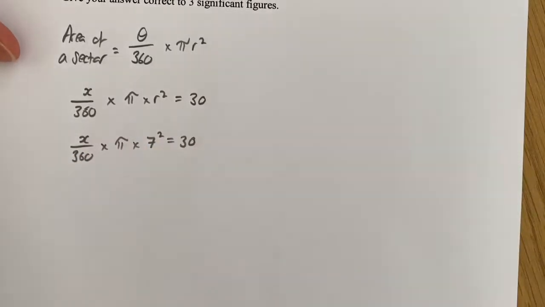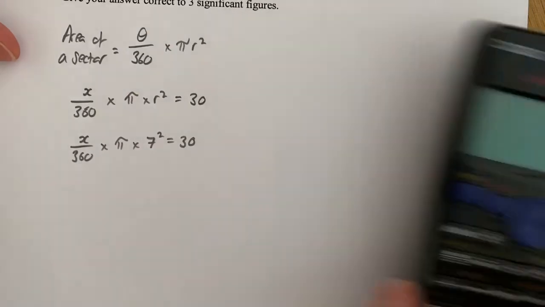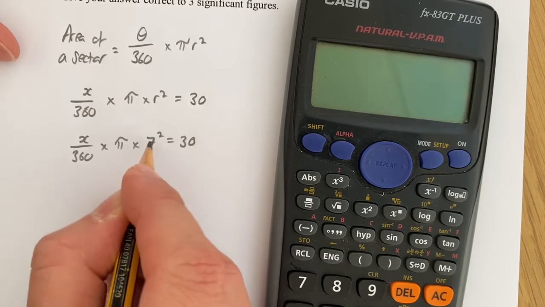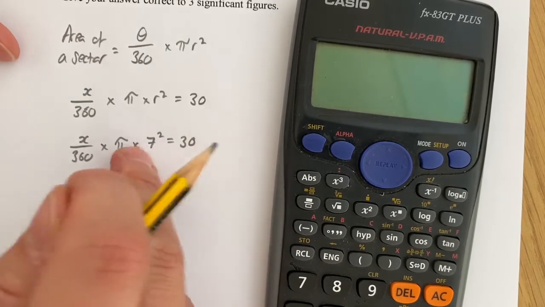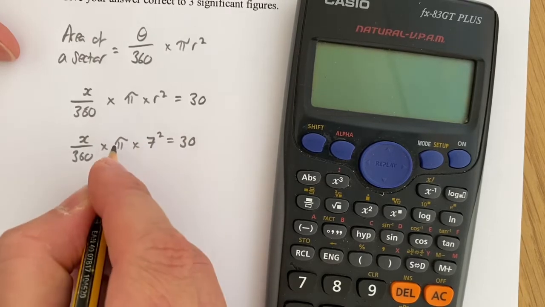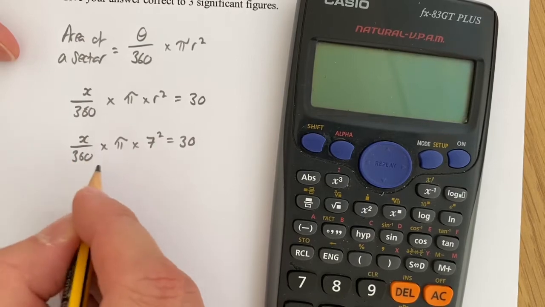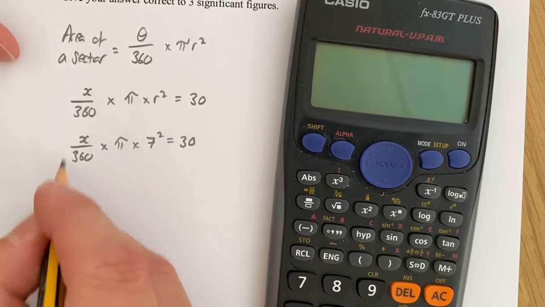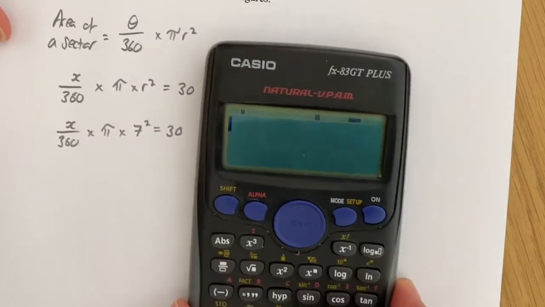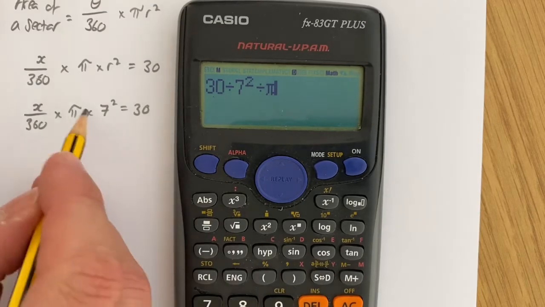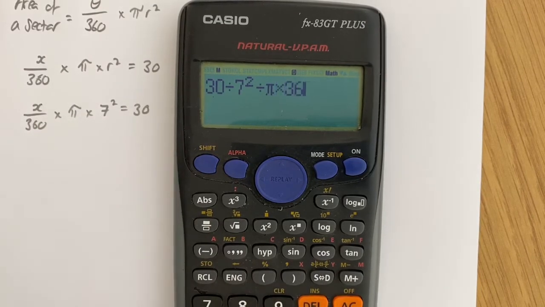To work backwards, all I need to do is take my 30, divide it by 7 squared, because working backwards, this is a multiply. Divide it by pi, again, working backwards, this is a multiply. And then multiply by 360 because we're dividing here. So on the calculator: 30 divided by 7 squared, divided by pi, and then multiply by 360.